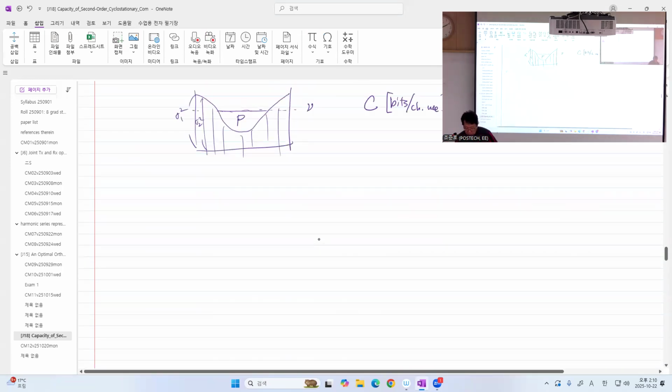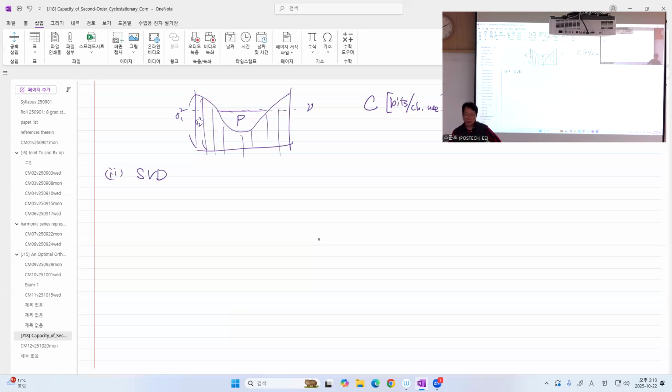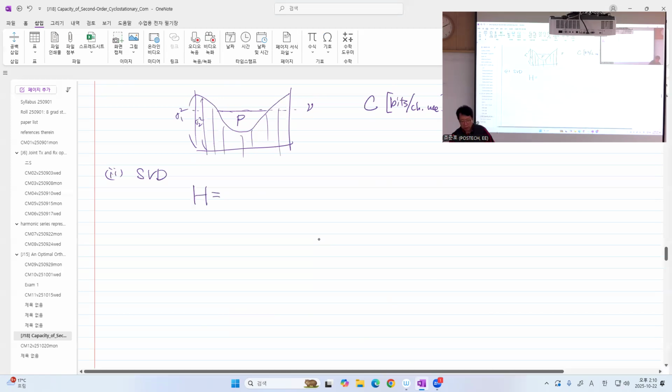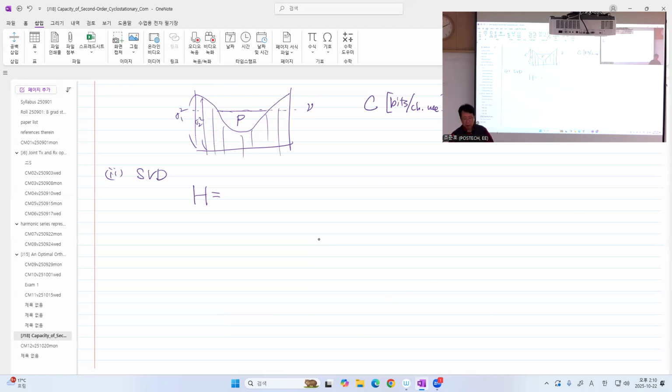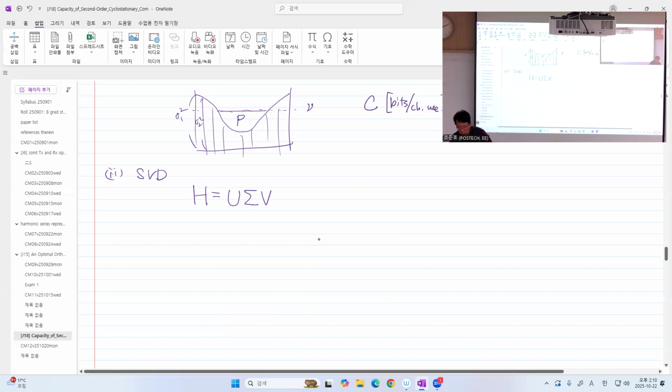The second one is the singular value decomposition. As I told you, singular value decomposition, which I do not have enough time to cover fully, gives you a very interesting transformation of a general rectangular, complex valued matrix in this form.